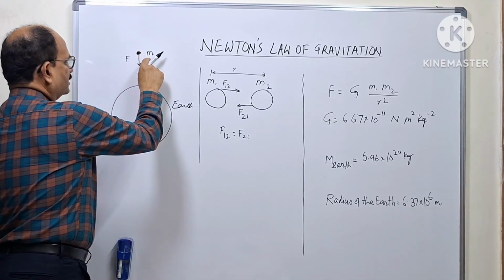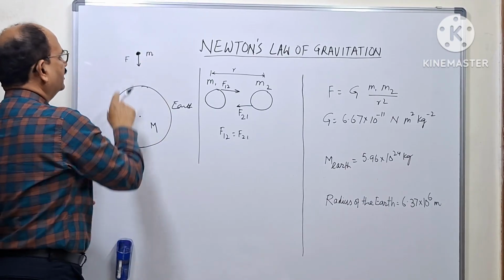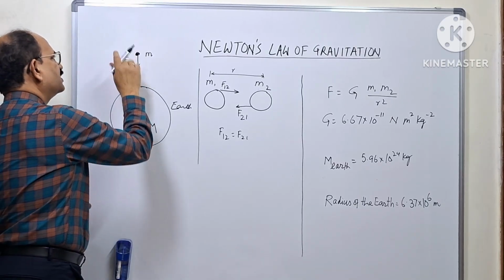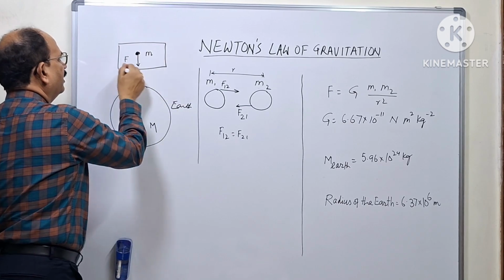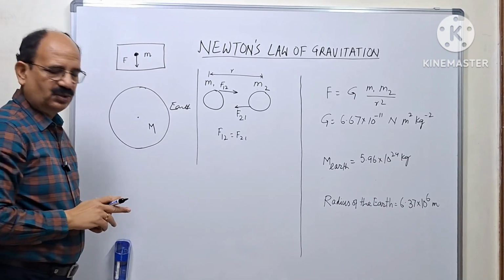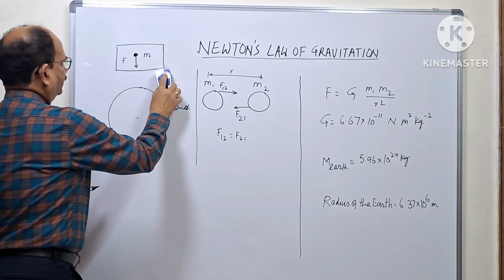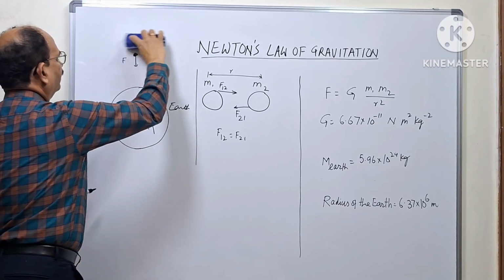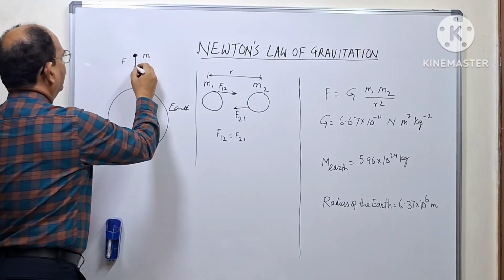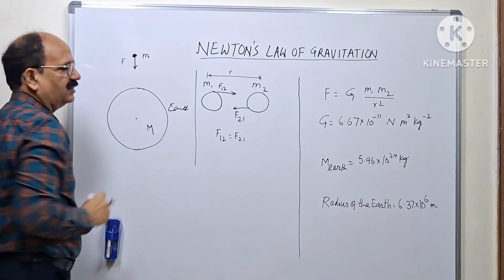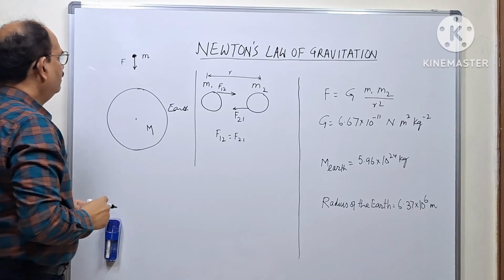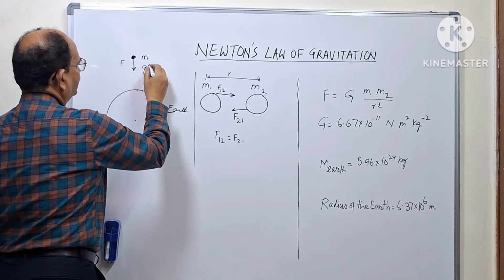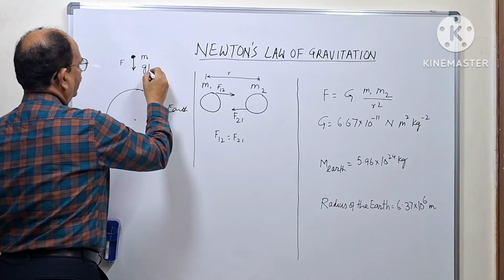If this is the mass small m on which we are focusing, then we will just focus on the force of gravitation applied by Earth on this body, because this is the only body on which we are going to analyze the motion, not Earth. F is the force of gravitation applied by Earth on the mass, and with that, this body moves with the gravitational acceleration in the downward direction.